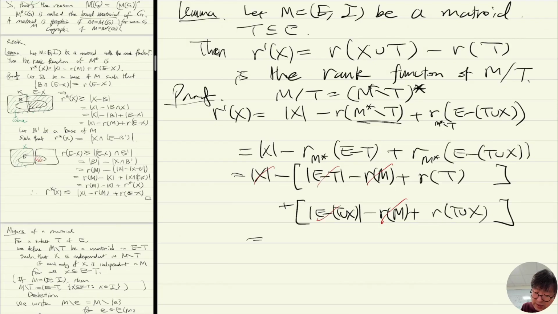So these three cancel each other, and what's left is rank of X union T minus rank of T. So that's the rank function of the minor obtained by contractions.